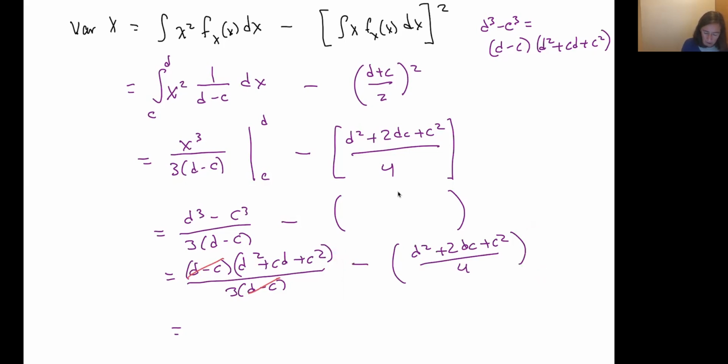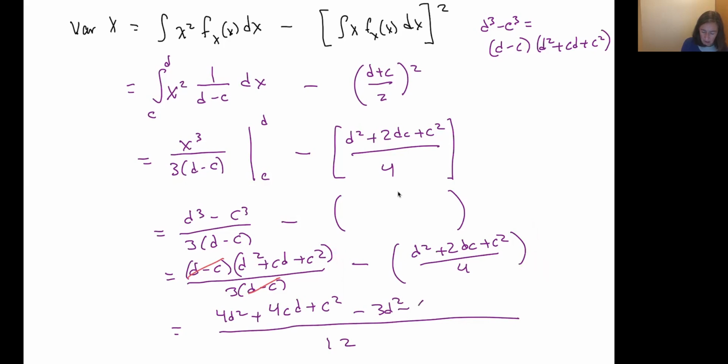So I'll get (4d squared plus 4cd plus 4c squared) over 12, minus 3d squared minus 6dc minus 3c squared. I think I forgot a 4 here. That should have a 4.